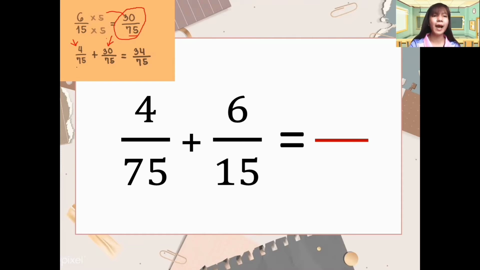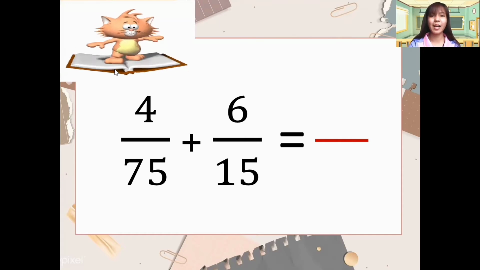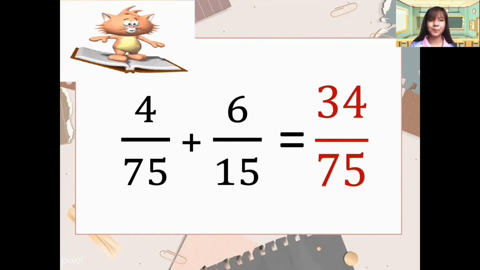Now we have the same denominators, right? So now we can add. Add the numerators. 4 plus 30, it's 34. Alright. And then just copy the denominator. So now we have 34 over 75 as the final answer.